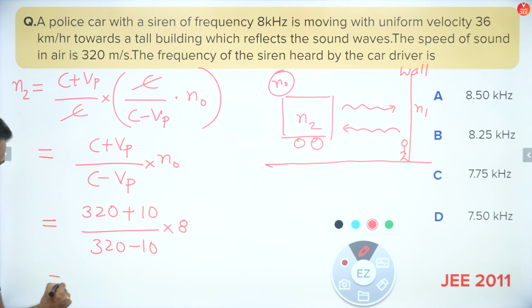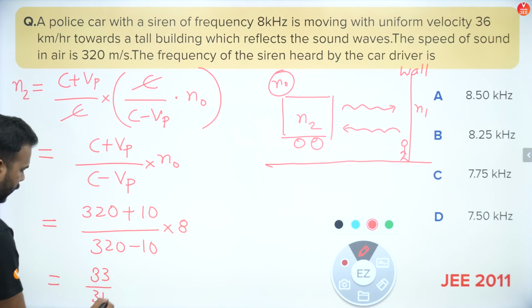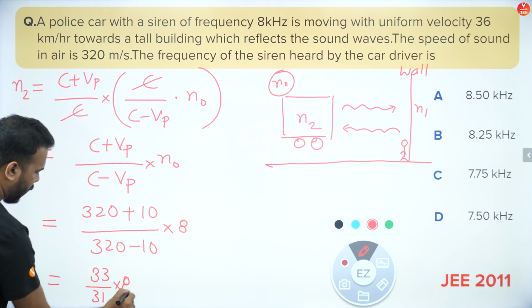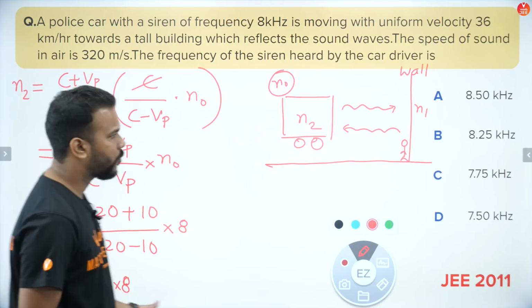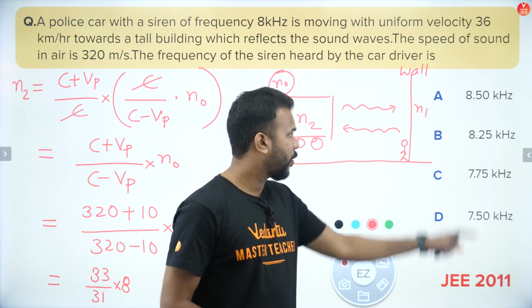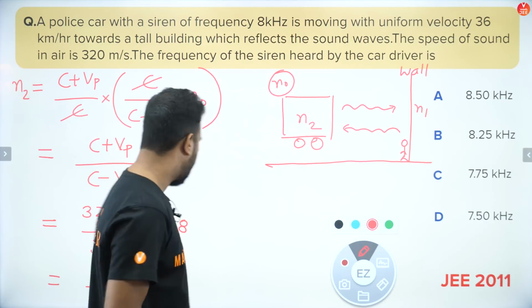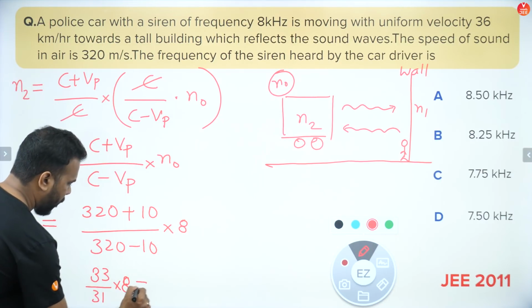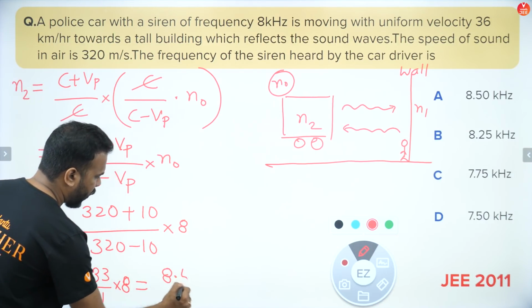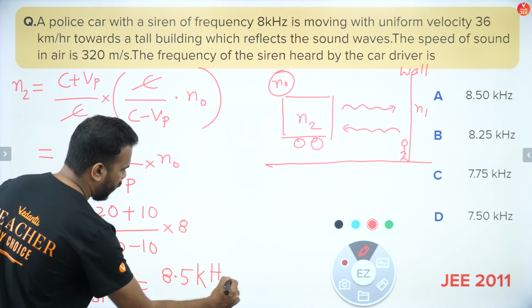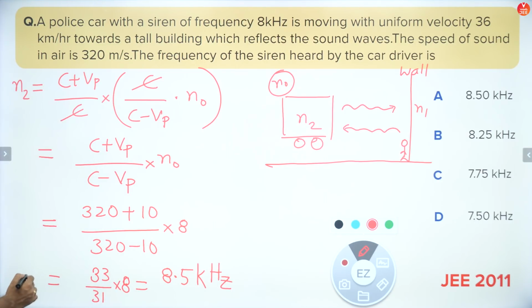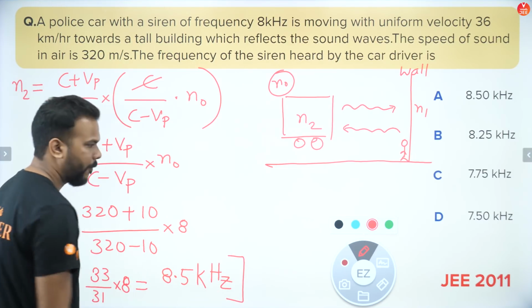That means you get 330 by 310, that is 33 by 31, multiplied by 8. This fraction is very close to 1, but the other two options are also close. So the answer finally comes out to be 8.5 kilohertz, the frequency apparently heard by people in the car.